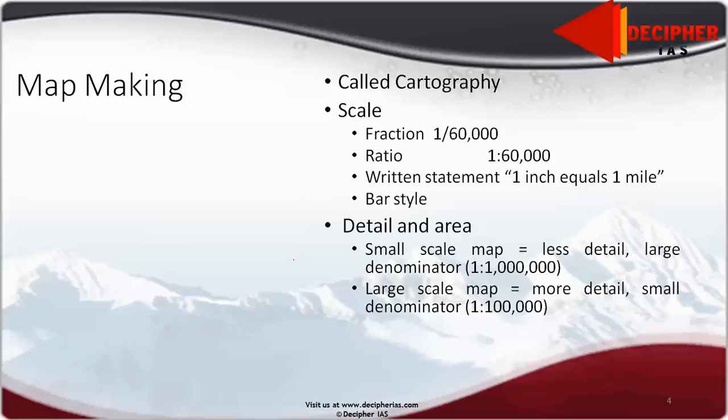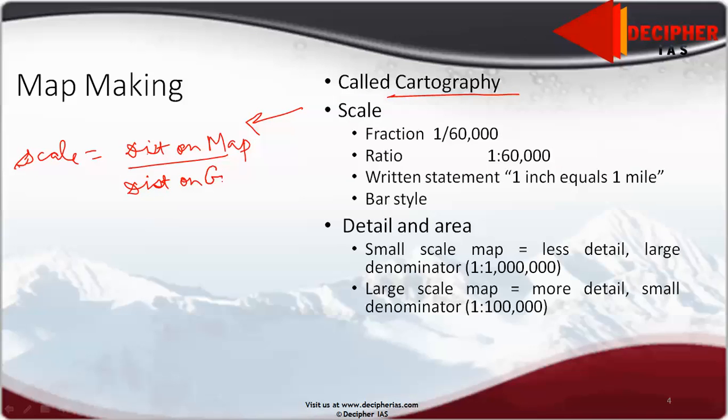Now we come to map making. I have already told you in the last lectures that we call it cartography. Carta means maps. So scale is very important. The formula for scale can be written as distance on map upon distance on ground.